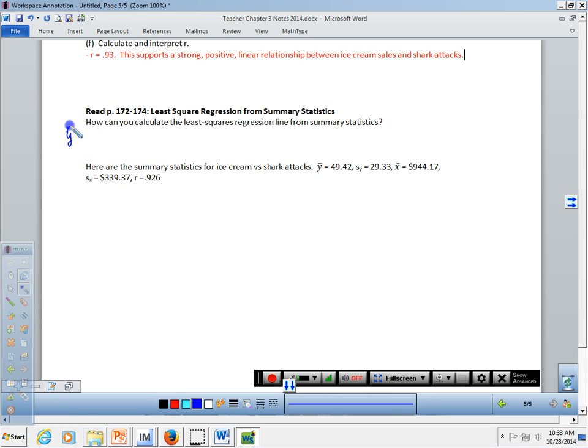Okay? Now, without a lot of fanfare, or without a lot of here's where it comes from, here's how we go through and calculate this. So y hat equals a plus bx, we have to have a and we have to have b. Well, it's easier to find slope first because the slope simply comes from taking r and multiplying it by the standard deviation on y and dividing it by the standard deviation on x. Okay? It's just the way it is. I think we're all better off if we don't get too involved in the math behind it.